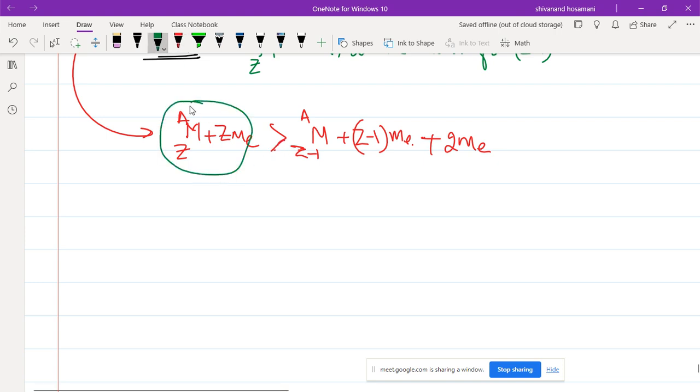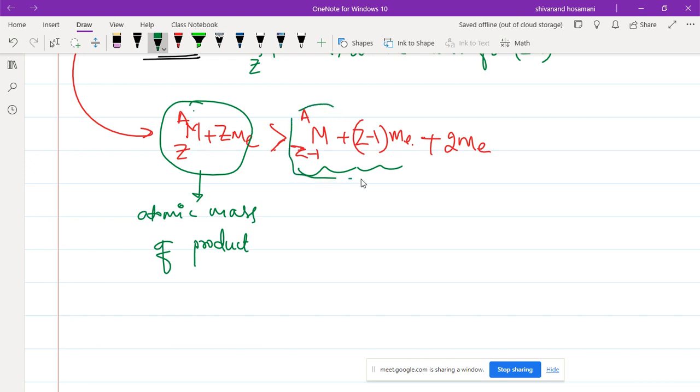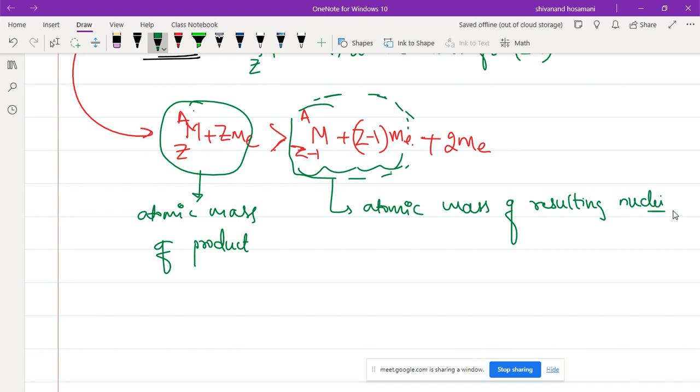Therefore, this is defined as the atomic mass of the product. Here it's the atomic mass of the reactant. So this is completely the atomic mass of the resulting nuclei. Therefore, this will be 2 times.